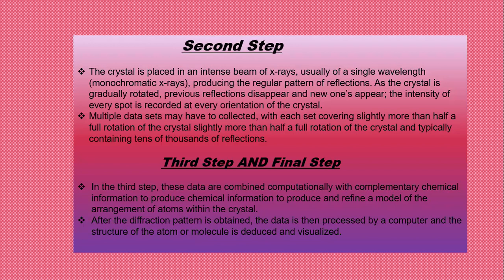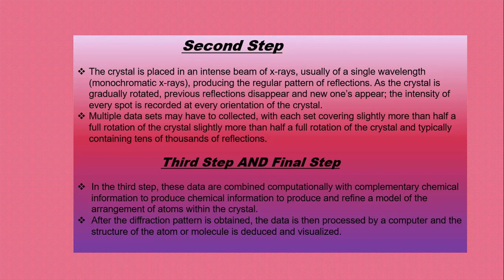As the crystal is gradually rotated, previous reflections disappear and new ones appear. The intensity of every spot is recorded at every orientation of the crystal. Multiple data sets have to be collected, with each set covering slightly more than half a rotation and containing tens of thousands of reflections.